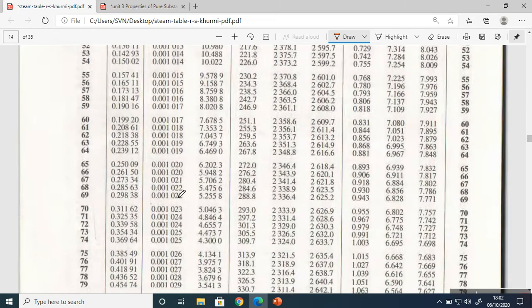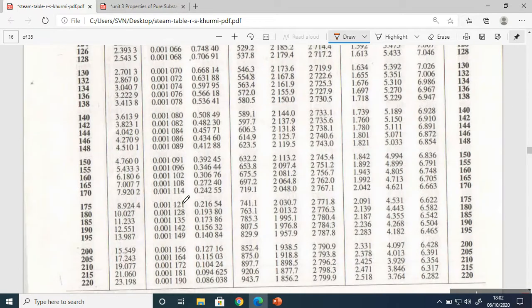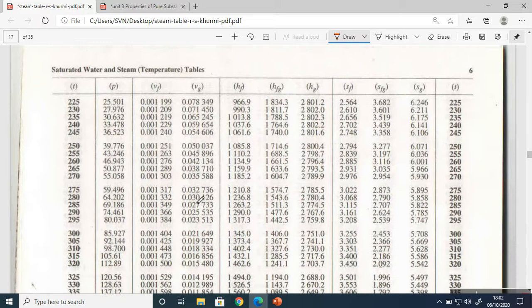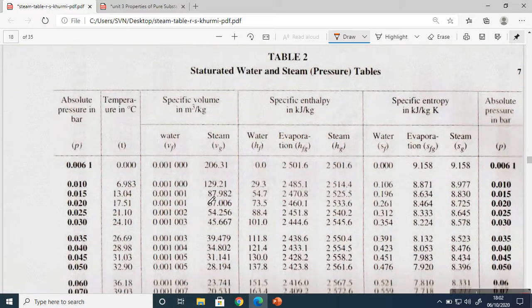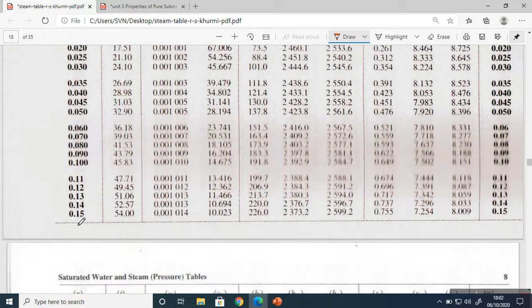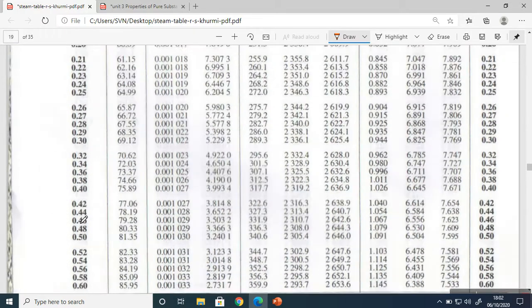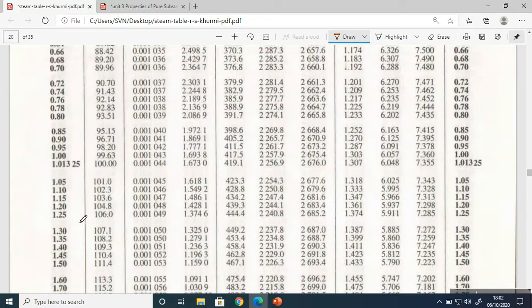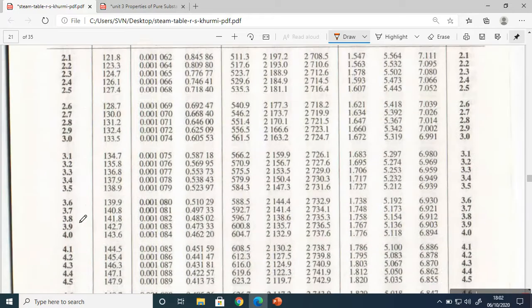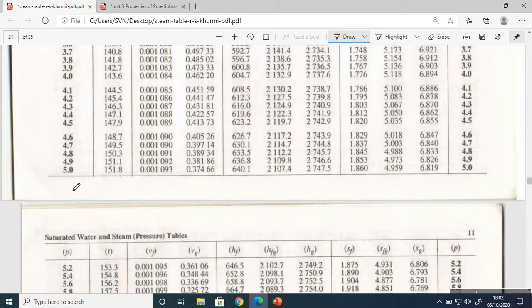While calculating the enthalpy of wet steam under 5 bar, I use the pressure basis table. So go to table number 2. This is the pressure basis table and the condition is a pressure of 5 bar. Now we need what amount of heat is required under 5 bar. So I use the formula: enthalpy of wet steam under 5 bar = hf + x into hfg.